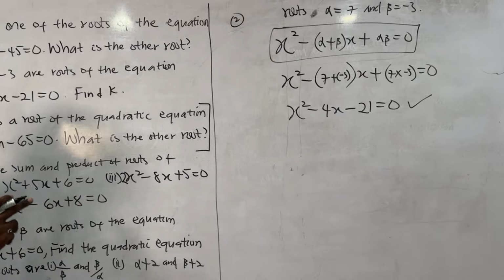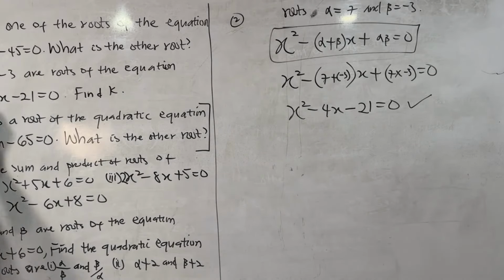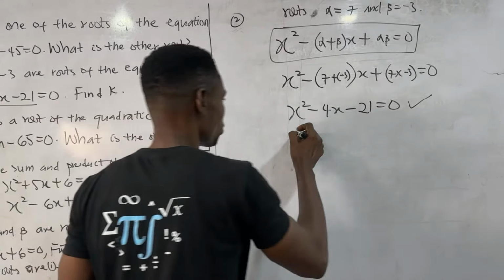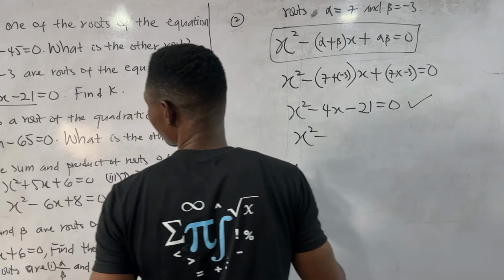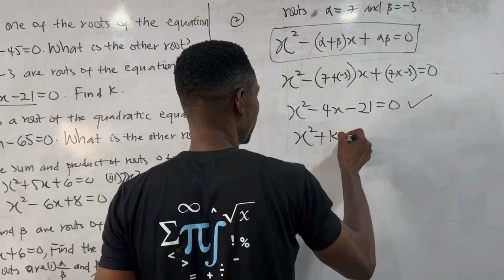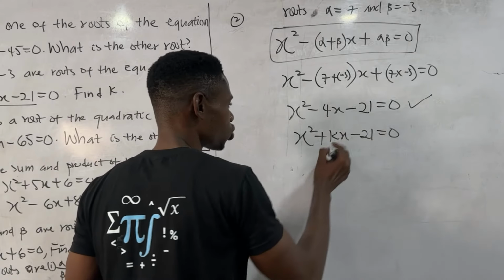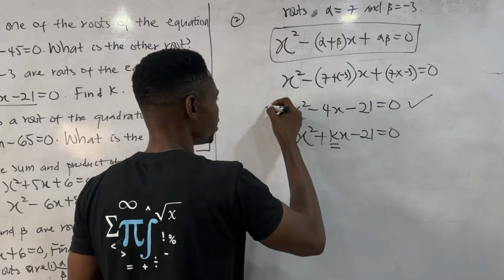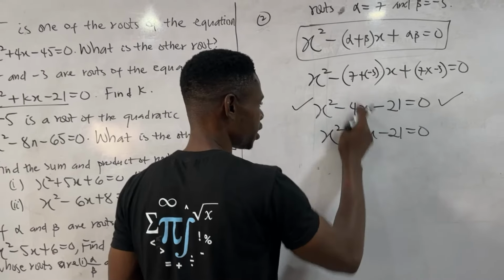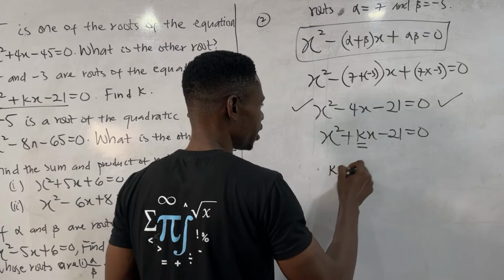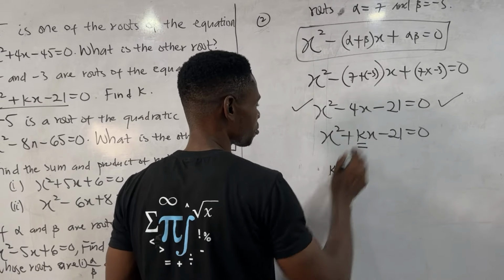Now, coming back to what we were given, x squared plus kx minus 21 equals 0. Since we are to look for k, and this is the right equation, obviously our k equals what?